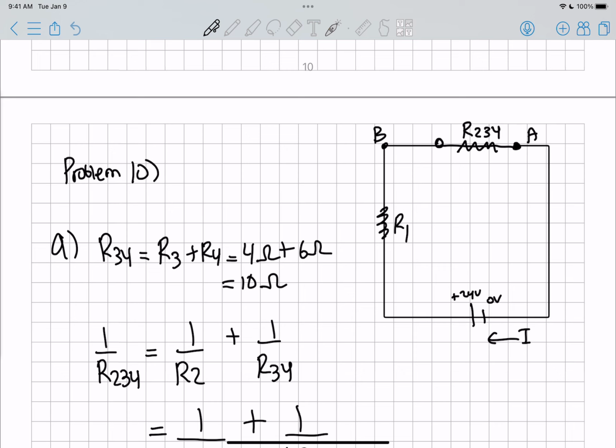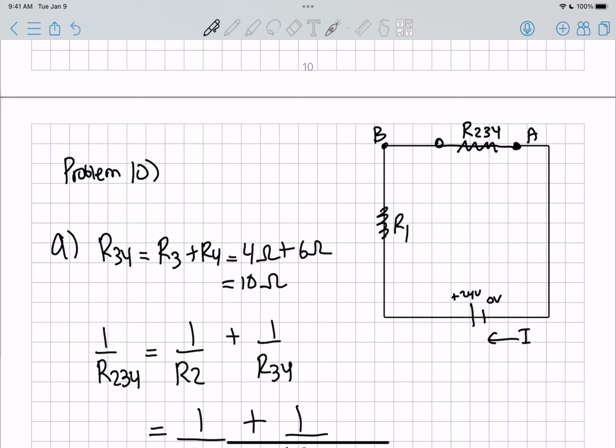Now, how can I get the current going across each one? Like I said earlier, the voltage drop does not split between them. R2 doesn't get a certain voltage drop, and R34 doesn't get a certain voltage drop. They have the same voltage drop.